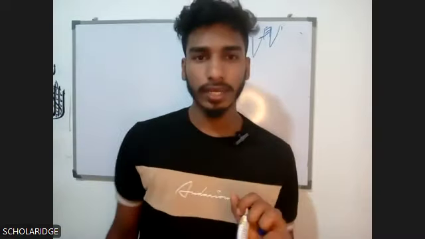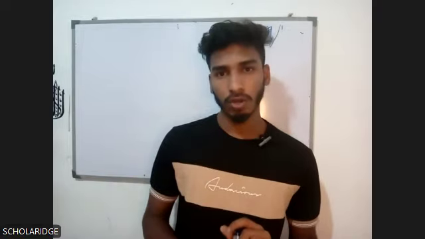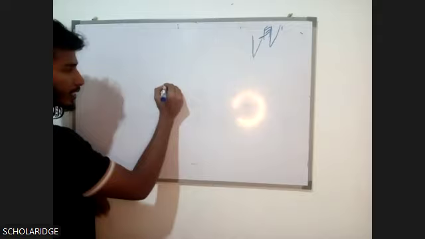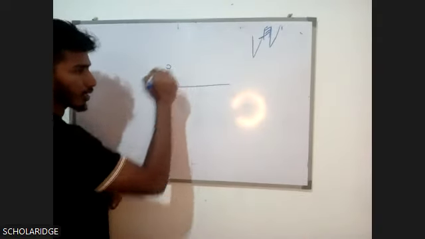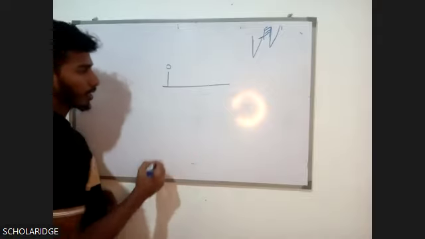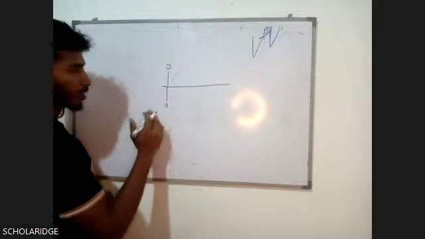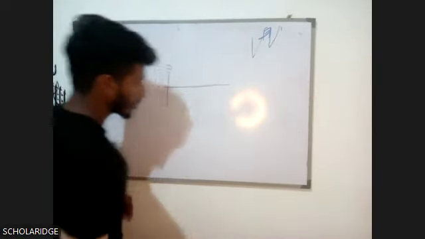So let's look at how you're going to obtain the measurement using a vernier scale. Now you should understand we are having a zero mark in the main scale and zero mark in the vernier scale. Now when you move this, obviously you have to move it to the right.